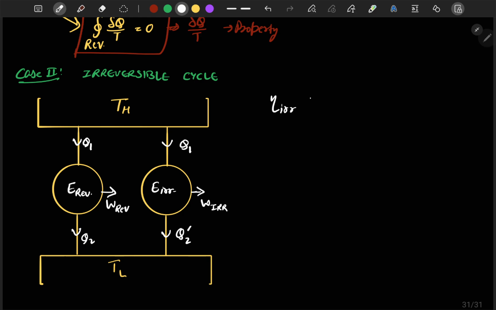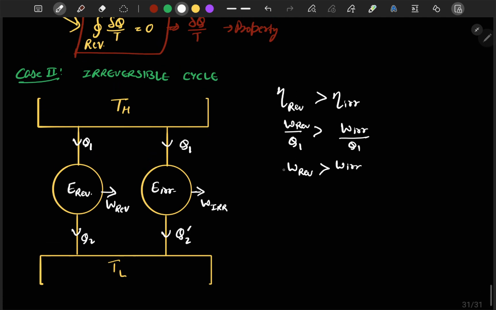As we have done earlier, we know that eta reversible is greater than eta irreversible. So we can write W reversible by Q1 is greater than W irreversible by Q1, and from here W reversible is greater than W irreversible.